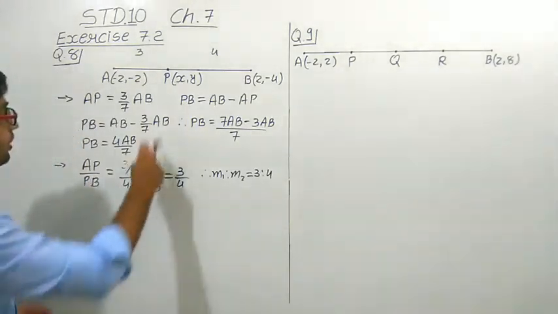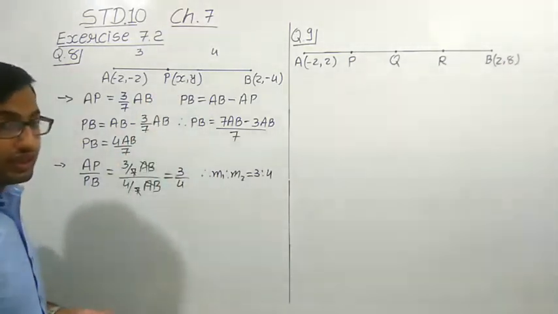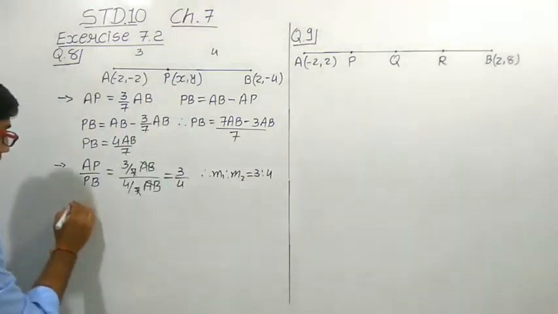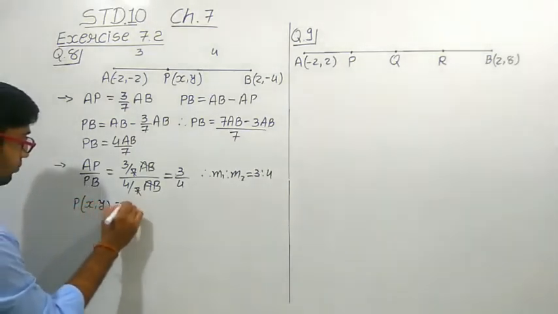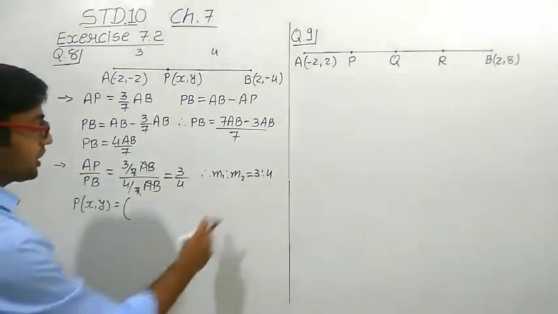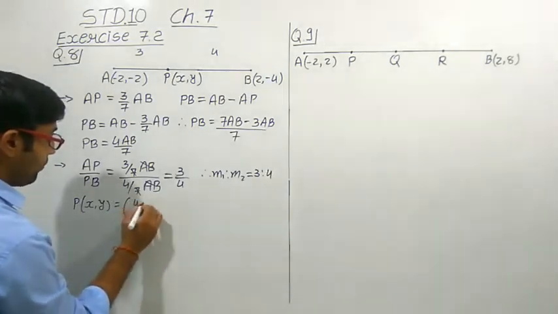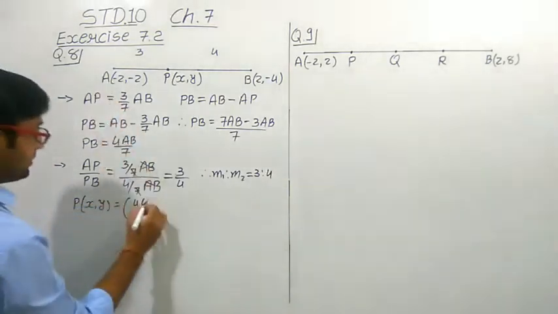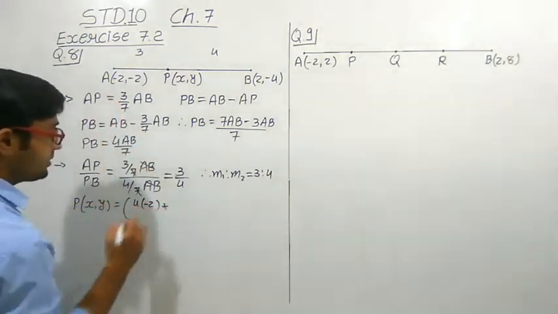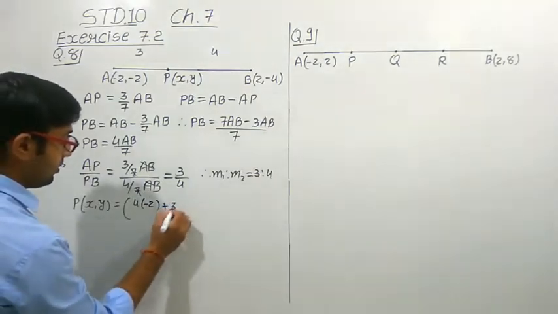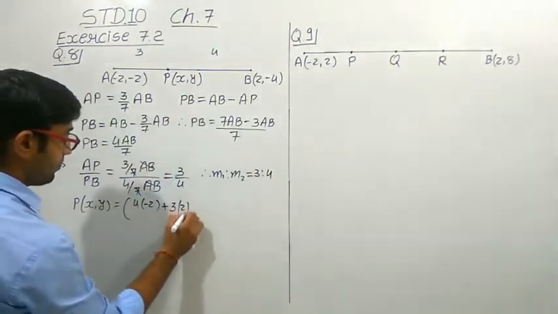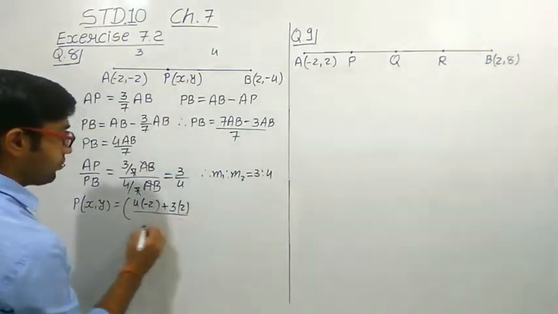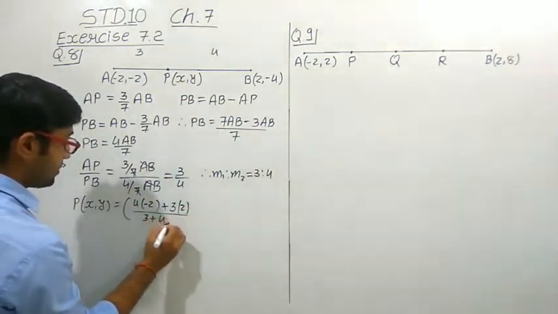Now we can apply the section formula to find P(x, y). So we can write P(x, y) is equal to (m2 into x1 plus m1 into x2) upon (m1 plus m2). m2 is 4, x1 is -2, plus m1 is 3, x2 is 2, upon 3 plus 4.